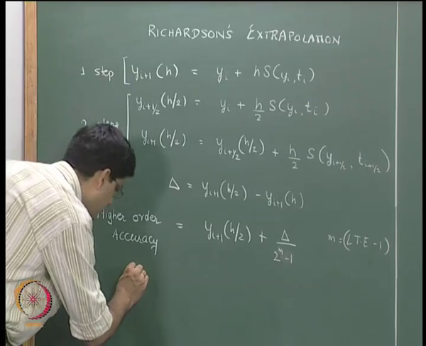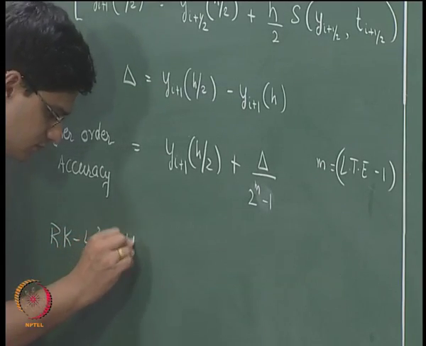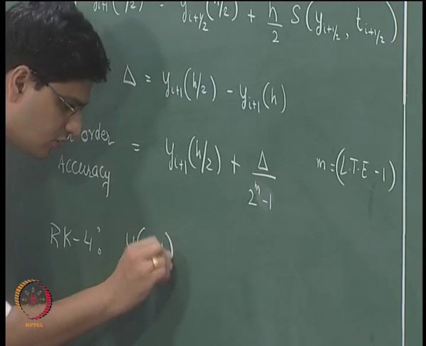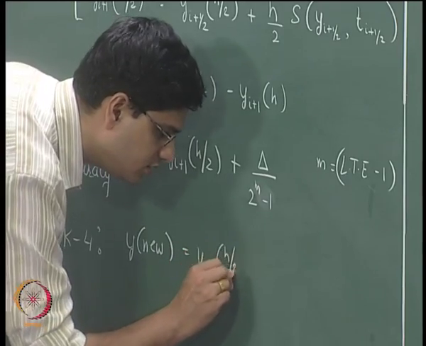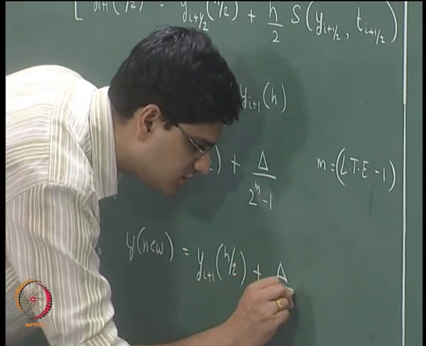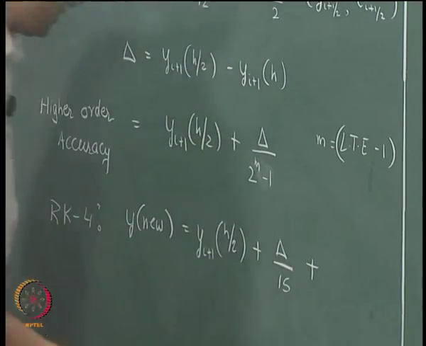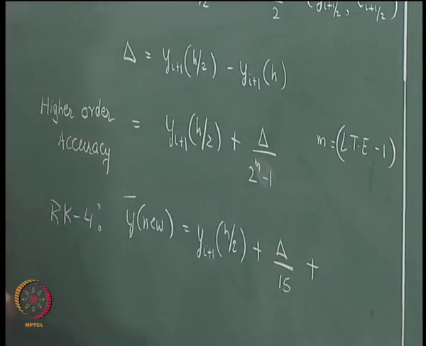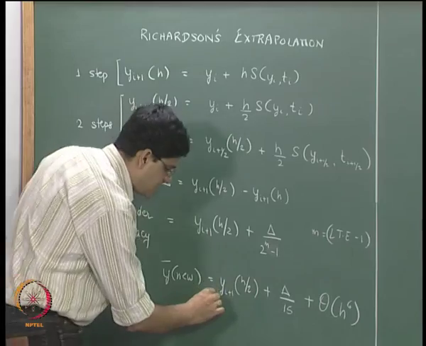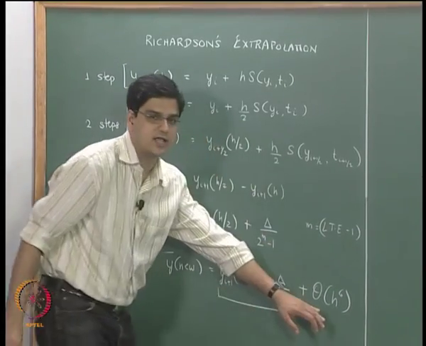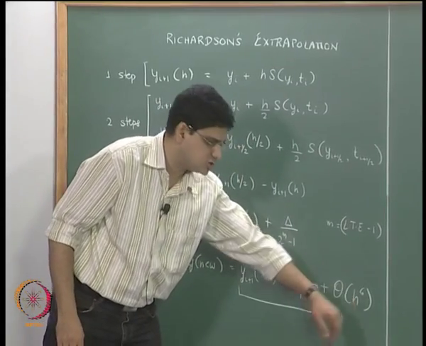So for RK4, y new is yi plus 1 h by 2 plus delta by 15, and the true value y bar is going to be equal to this guy plus the error, and the order of accuracy for this particular method is h to the power 6.